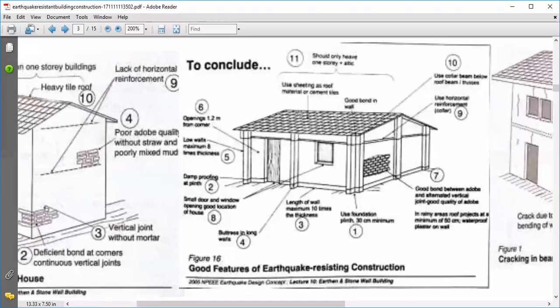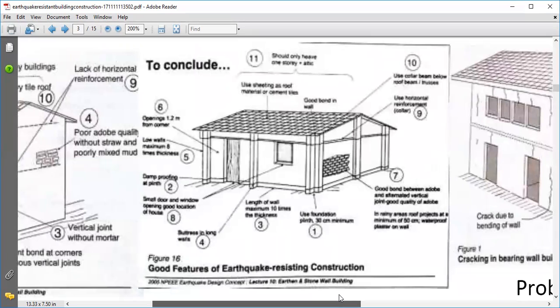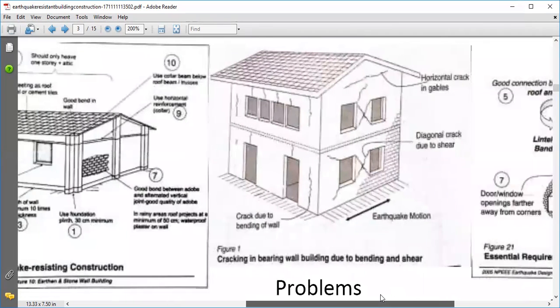If we construct the building this way, these are good features for earthquake resistant buildings.